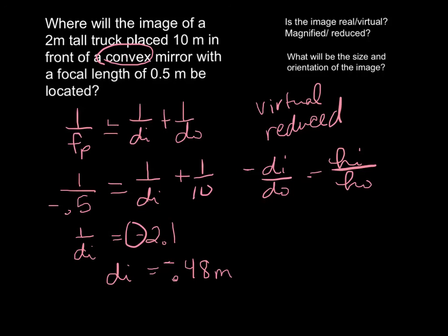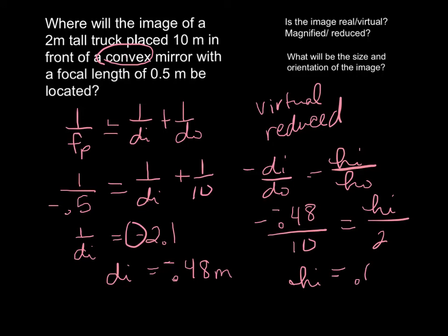We know that it's a negative of a negative 0.48 over 10 is equal to hi, which is what we're looking for, over the 2 meters that it originally was. Solving for hi, we cross multiply and divide, and we get 0.096 meters.